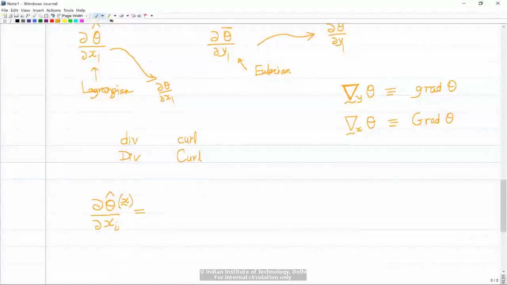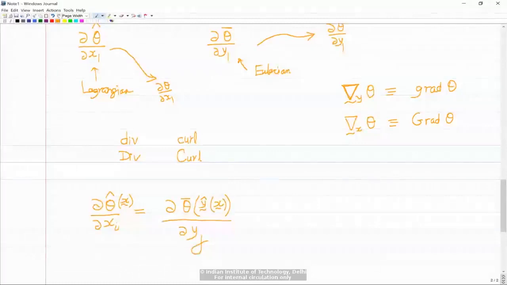So you can also write the same thing as del theta bar, but at y hat of x, isn't it? And now you take the derivative with respect to the Eulerian coordinate, which is, let's say, yj.